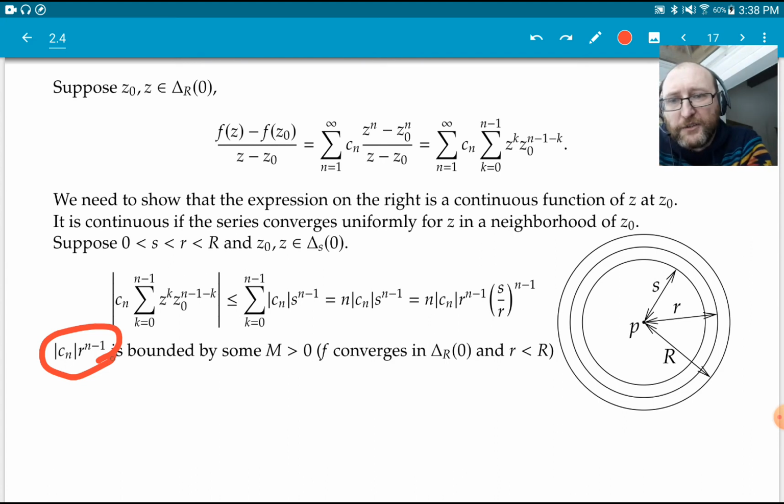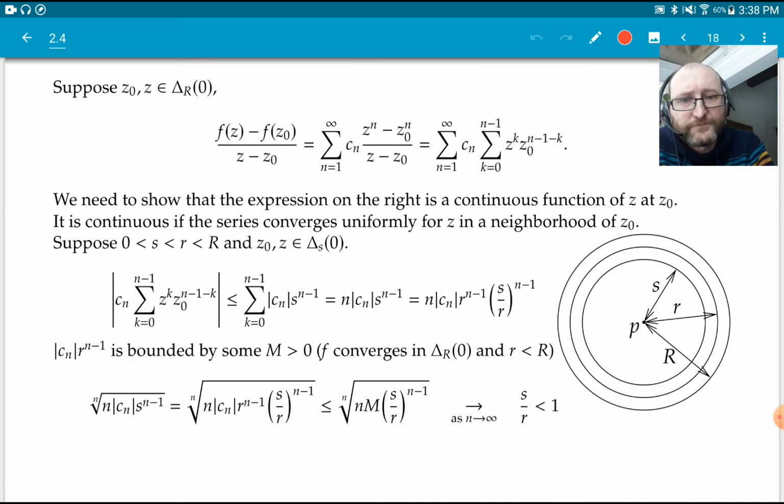So that's a bounded sequence because f converges in this disk, and r is less than capital R. So f was a convergent power series, and that was the proposition that we saw before. So there is some bound, some m.